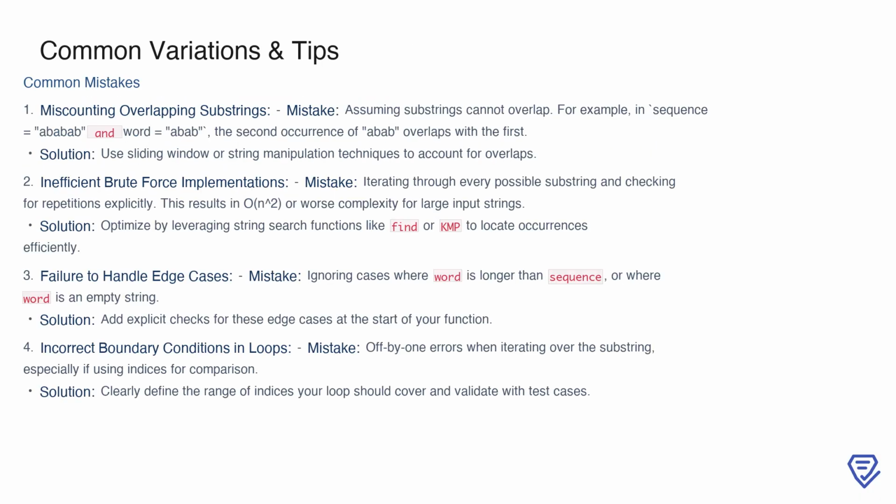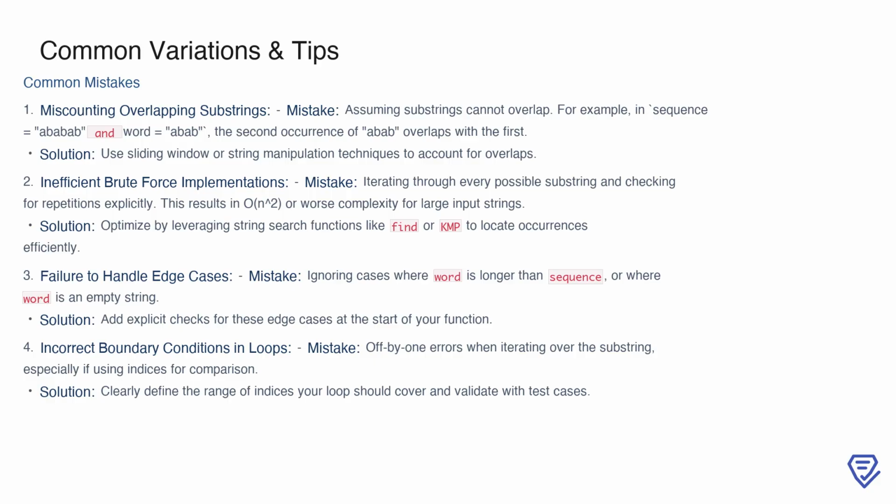When solving the maximum repeating substring problem, there are a few common mistakes to be aware of. First, it's easy to miscount overlapping substrings. For example, in the sequence ababab and the word abab, the second occurrence of abab overlaps with the first. To handle this, you can use sliding window or string manipulation techniques that explicitly account for overlaps.